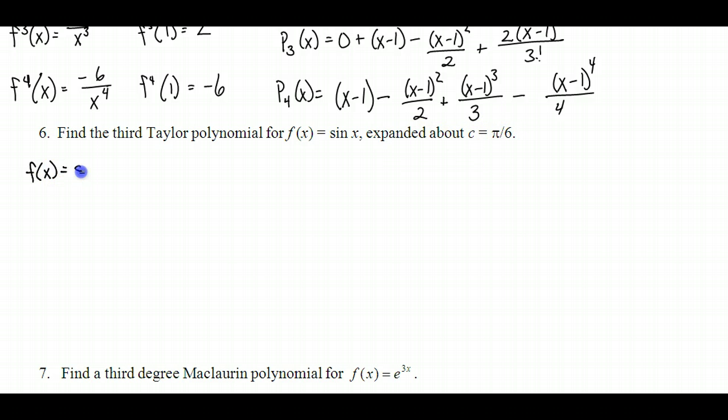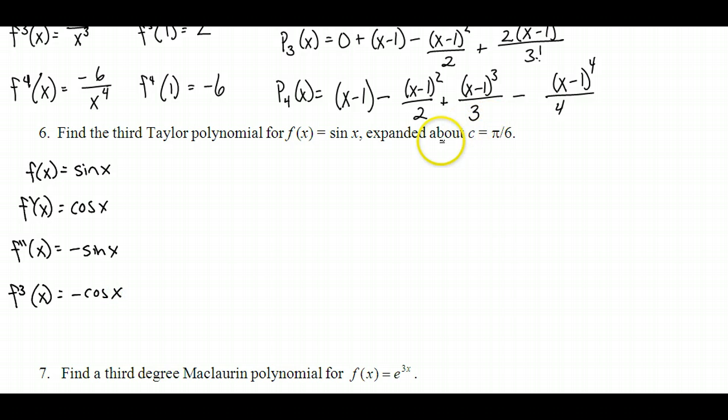So don't forget, start with your original function. Take your first derivative. Take your second derivative. And your third derivative, negative cosine x. Then you're plugging in that centering point into each thing. So I want to evaluate my function at pi over 6.